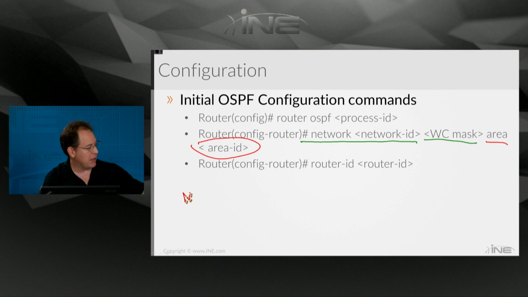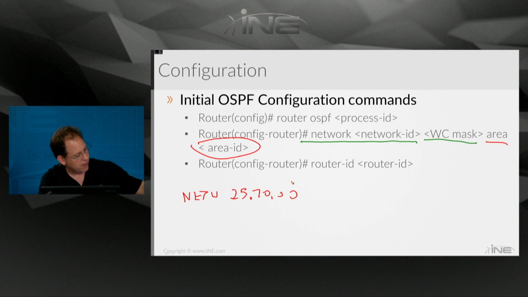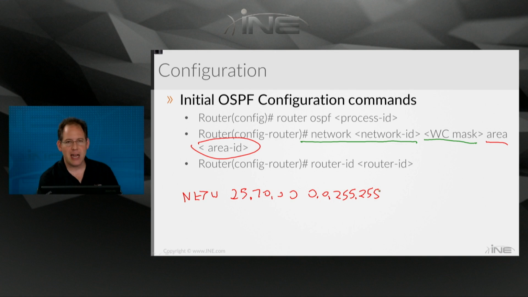So as an example of that, you might type network, I'm just going to shorten it, 25.70.0.0, and then a wildcard mask that would be appropriate for that. And then I would tell my router, okay, any links that you have on yourself that begin with 25.70, those links are going to be part of area 1. So that's an example of how you type the network command.